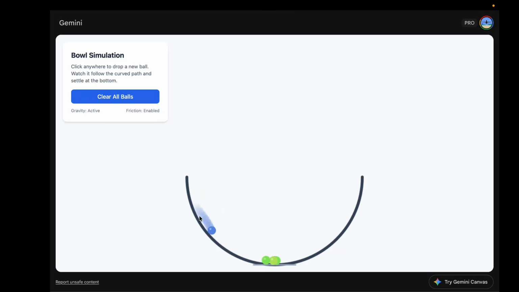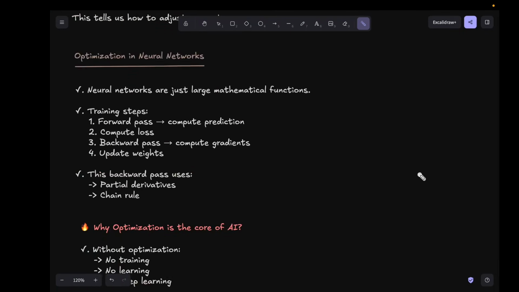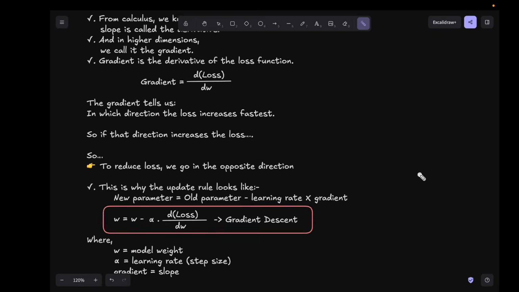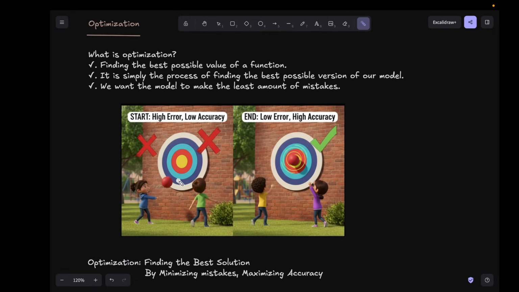In this image, the child wants to hit the ball to the target, but at first they cannot hit the target.